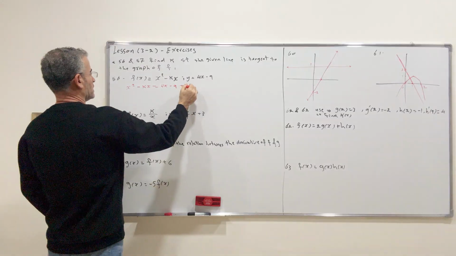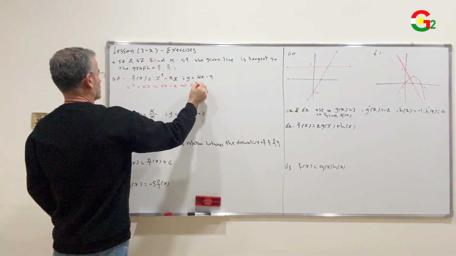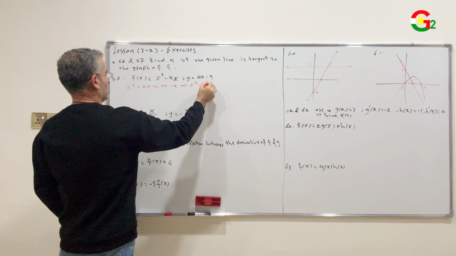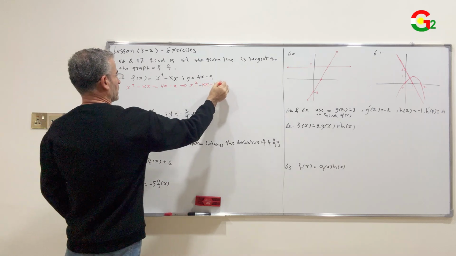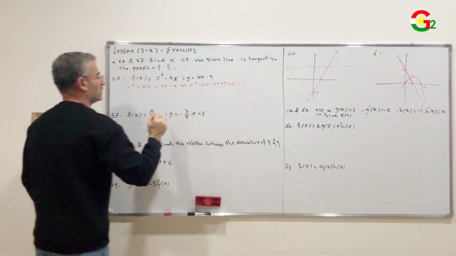Rewrite this as x power 2 minus kx minus 4x plus 9 equals 0. This is the first equation.